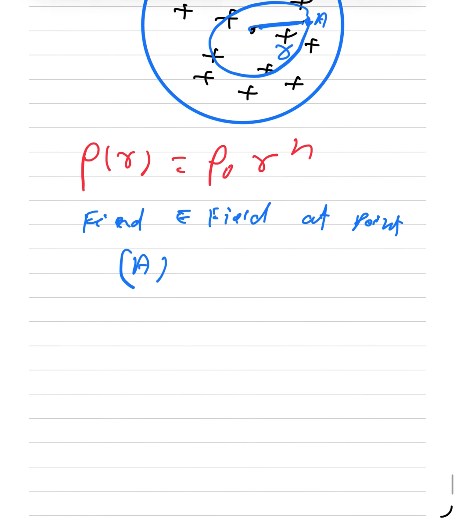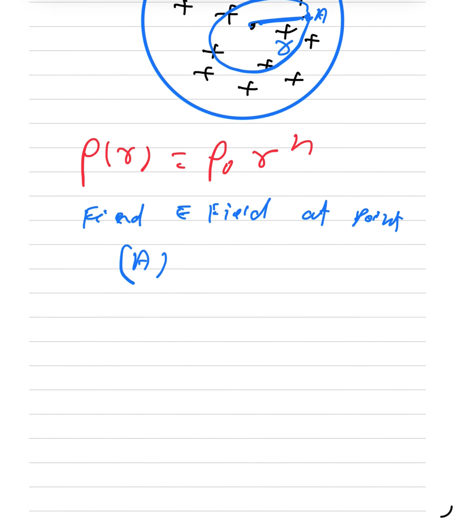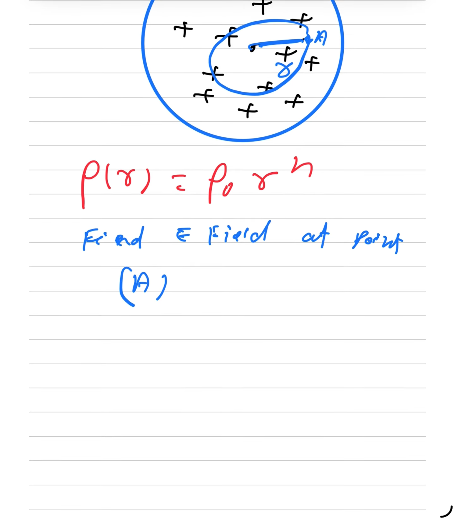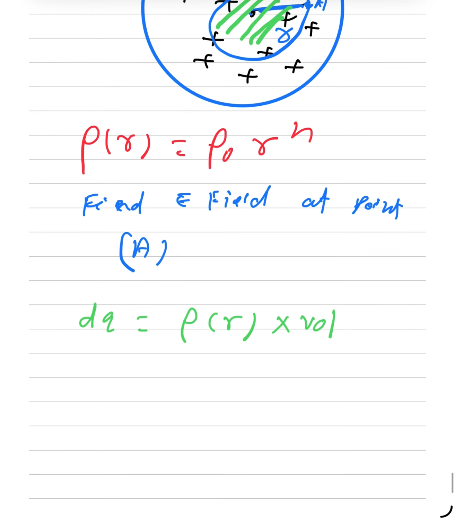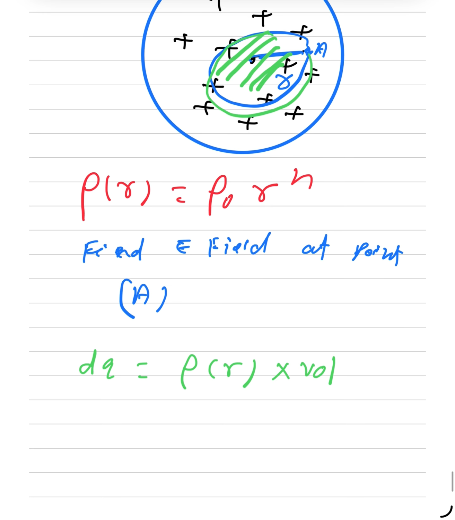In this situation, the small amount of charge in this region, dq, equals rho of r, the volume charge density, multiplied by the volume, only in this region.